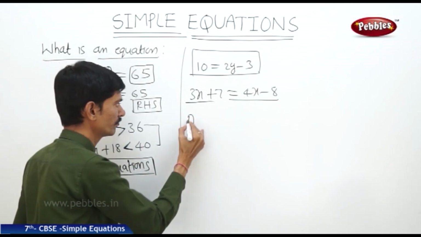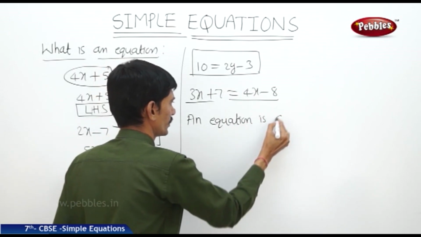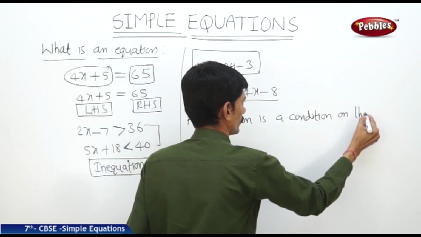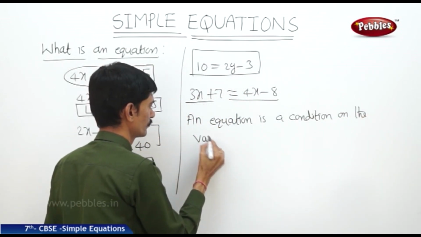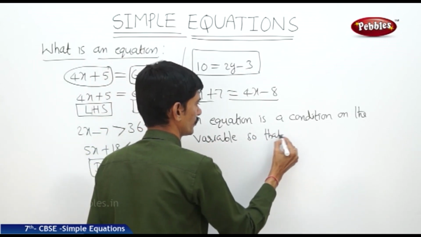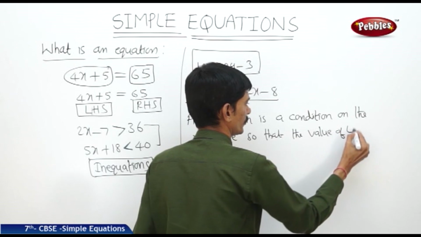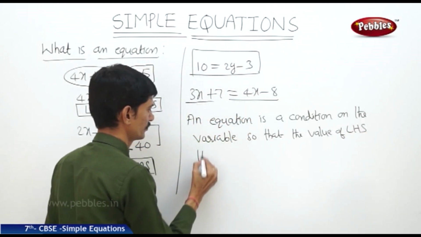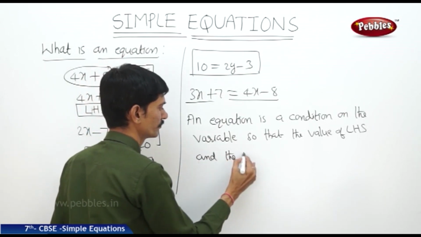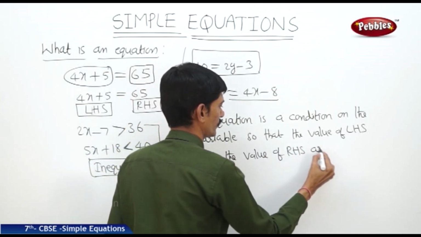Now an equation is a condition on the variable so that the value of the LHS and the value of the RHS are equal.